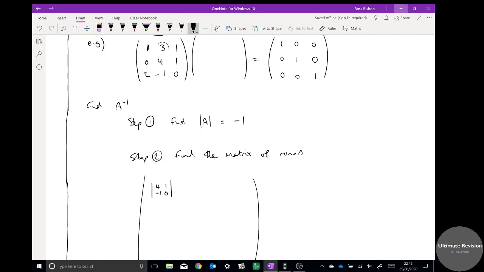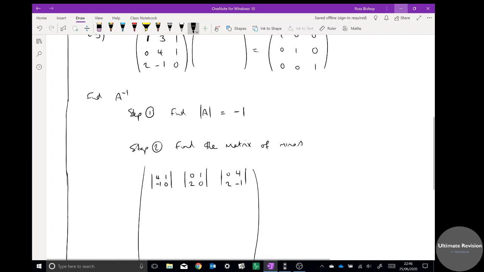The second one, so the 3 here, the matrix that's left if we cross it out is going to be 0, 1, 0, 0. And then the top right one, the 1 there, it's going to be 0, 4, 2, -1. Okay, that's just the top row.